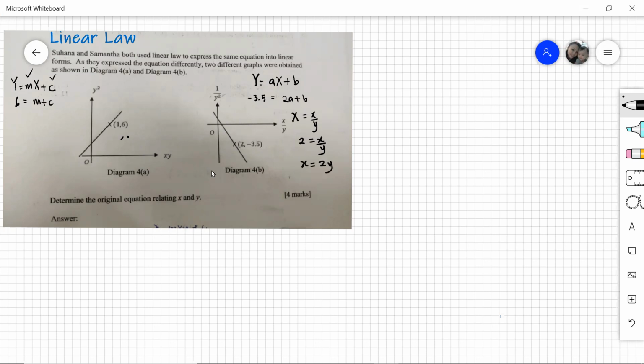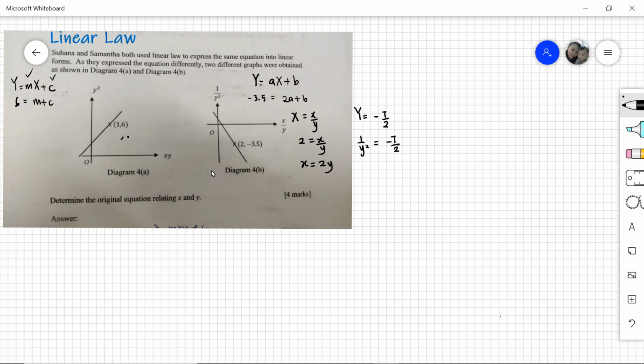So can I find the value of my y? On the other hand, my capital Y is negative 3.5, which is negative 7 over 2. And capital Y is actually 1 over y squared, equals negative 7 over 2.